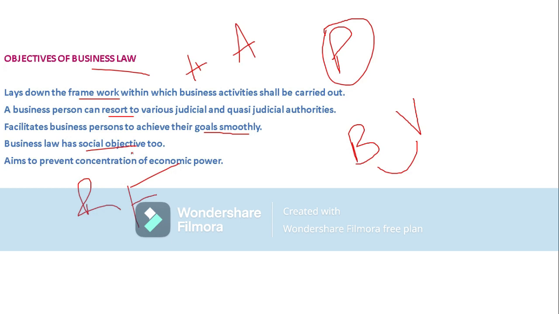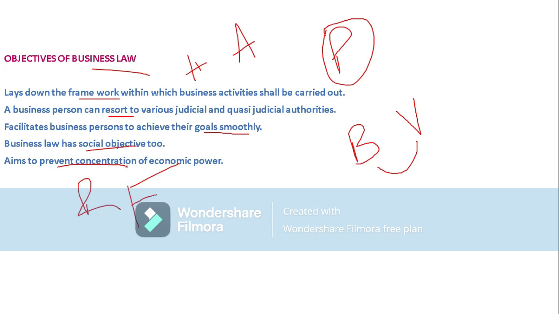Okay, coming to another aspect, it aims to prevent concentration of economic power, and it also helps the adjustment of claims of individuals against each other.